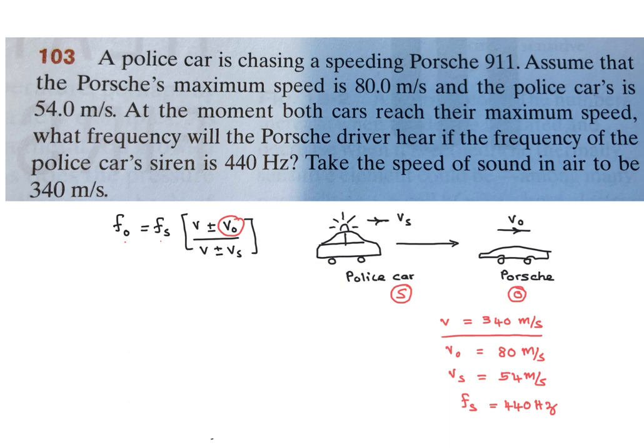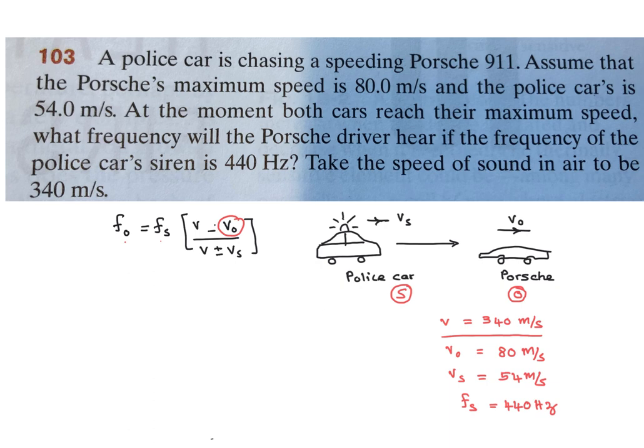We are looking at the numerator, so the positive sign is out of the question and we delete it, and there you have V minus V naught. We want to make the numerator smaller, because just because of the motion of the observer the frequency should go down, and the numerator has the motion of the observer, so we picked the negative sign.